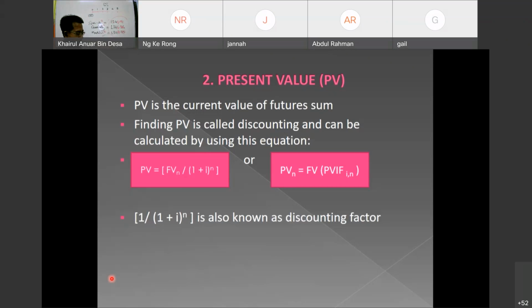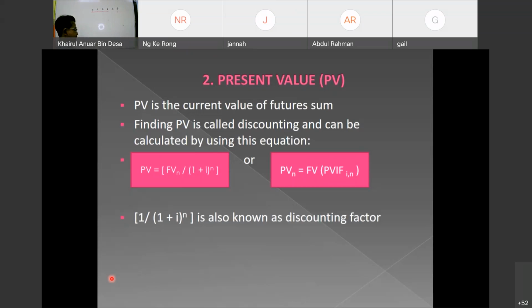Apa keyword terpenting bagi nilai kini, bagi present value? Yes, discounting.